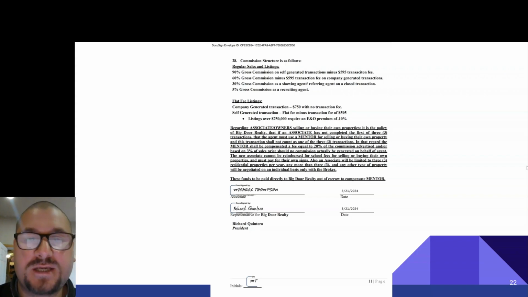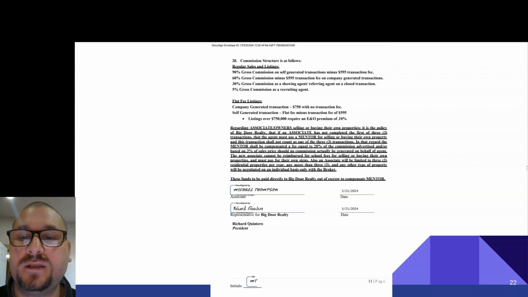The new associate cannot be reimbursed for school fees for selling or buying their own properties, and must pay for their own signs. Also, an associate will be limited to 3 residential properties per year.